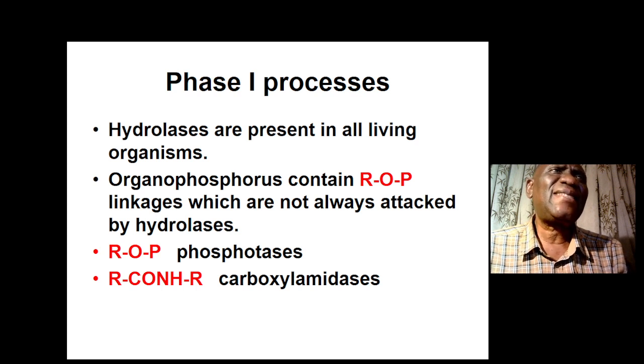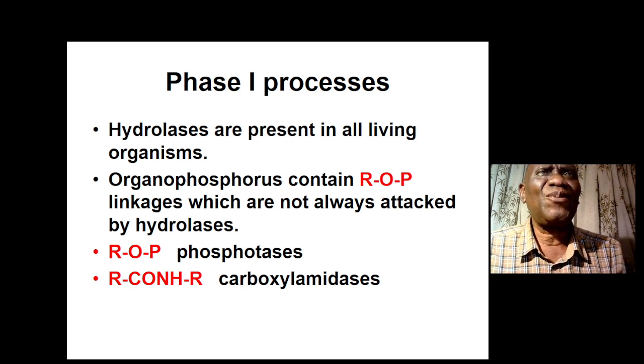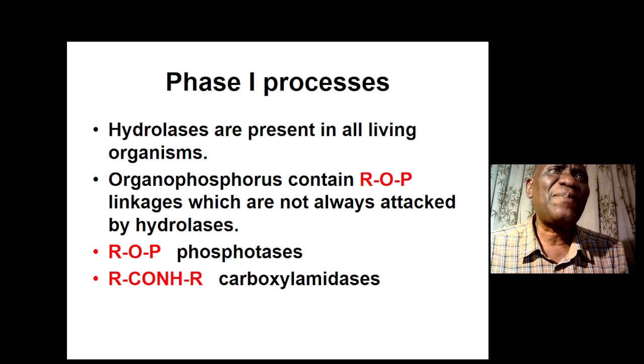The interesting part which you should look for in a chemical structure for organophosphorus: you look for R, which represents some carbon atoms, which are many of them, but what you should recognize is the OP. Is oxygen present?